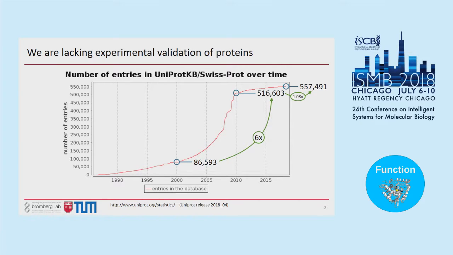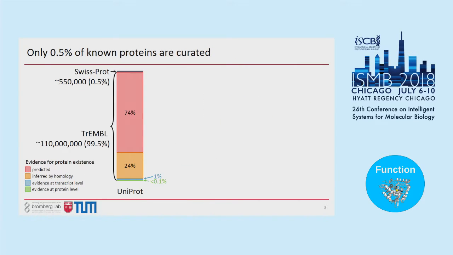To illustrate that further, if you look at all of UniProt, the first thing that should be apparent is that 98% of the proteins in UniProt have never been seen before. Those are either completely predicted or transferred via homology.